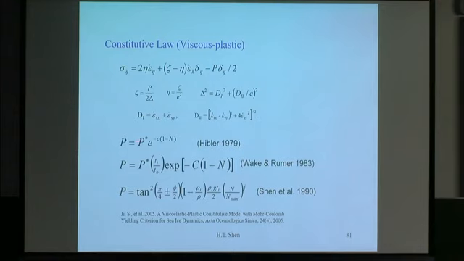The main thing we see as the difficulty or problem is this P star term. If we use this P star as the way Hibler used, then it's a constant everywhere. It doesn't matter how thick your ice accumulation is. And Wagen and Rumor, they improved it into something like this.